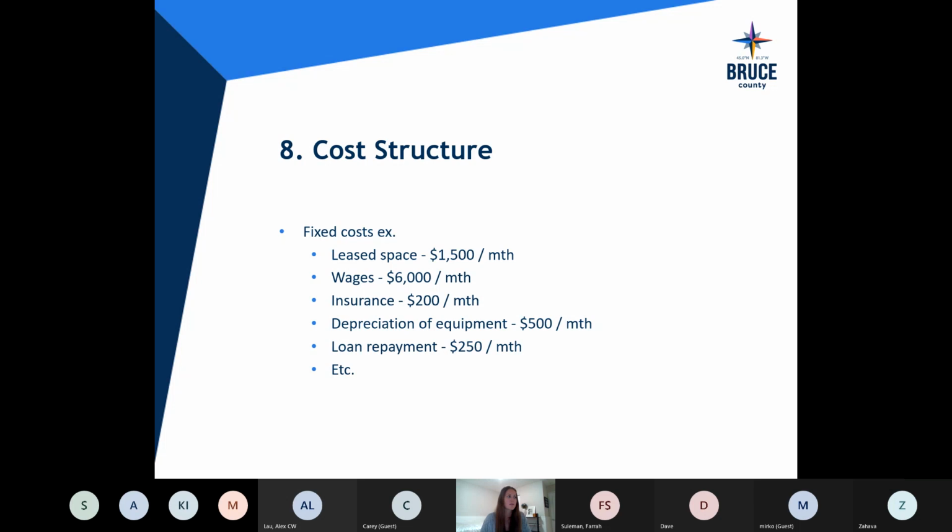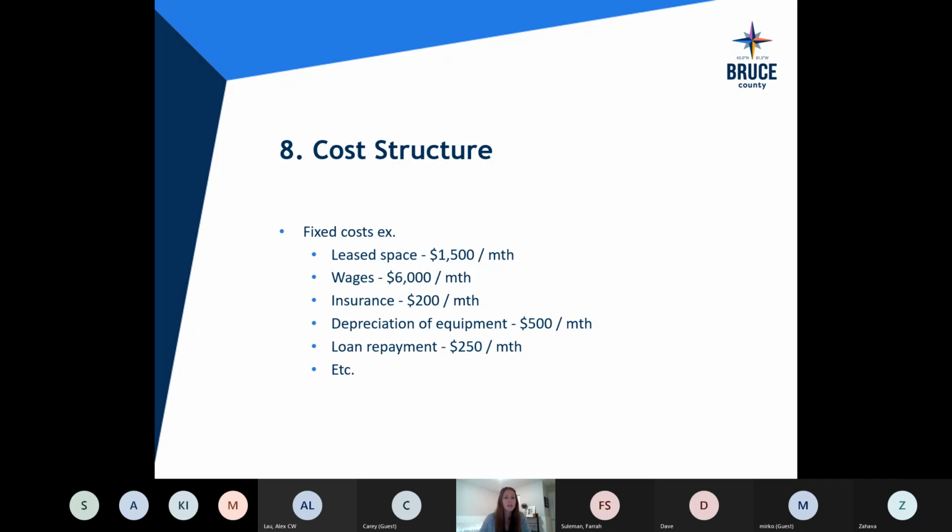So I'm throwing these numbers out there. This is in no way, shape, or form completely accurate. I just made some information up. But I'm going to say that I'm leasing a space for my food box subscription. I need a space where all the food gets prepared and prepped and put into bags and a warehouse where they can get shipped out. So I'm going to say I'm spending $1,500 a month on my leased space.